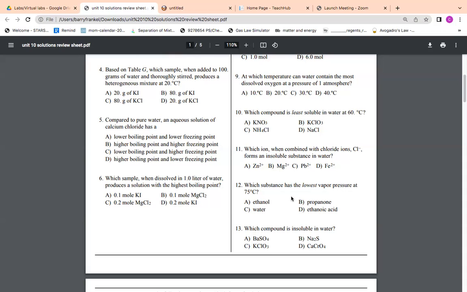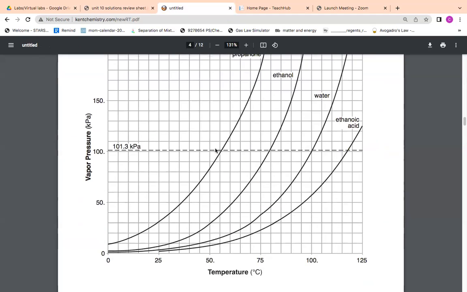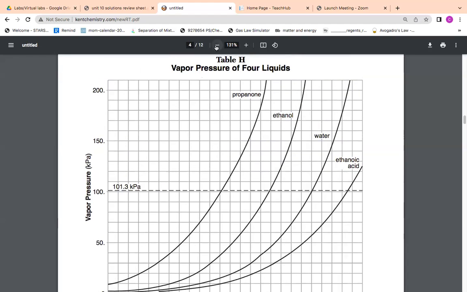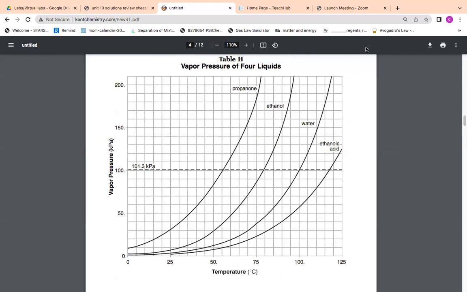Number 12, which substance has the lowest vapor pressure at 75 degrees Celsius? So we also need the vapor pressure chart here. That is table H. So let's see. They are giving us 75 degrees Celsius. So right here. All I need to do is just kind of mark off where everything is.